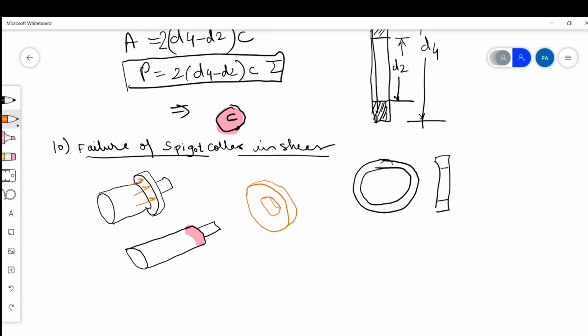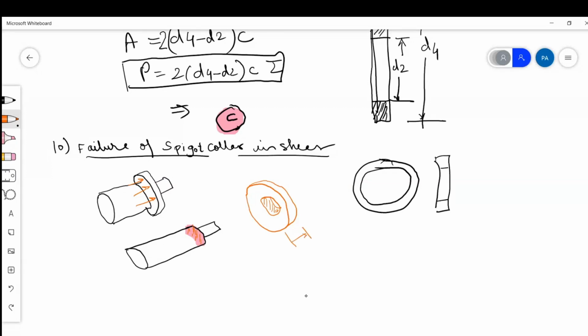This is the part which was here, so this has come out from this. Now, is it clear to all of you how the shearing has happened? Any doubt to anyone? No, sir. Clear. Okay.